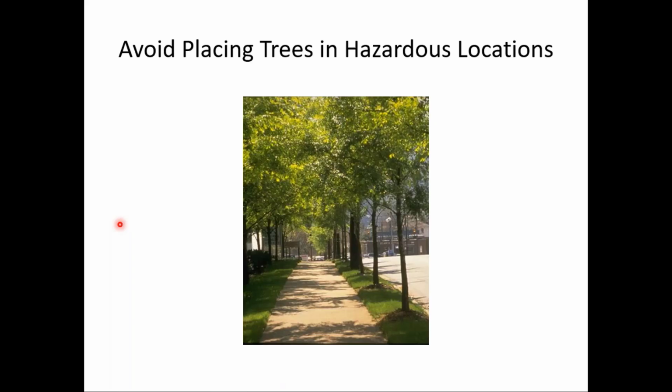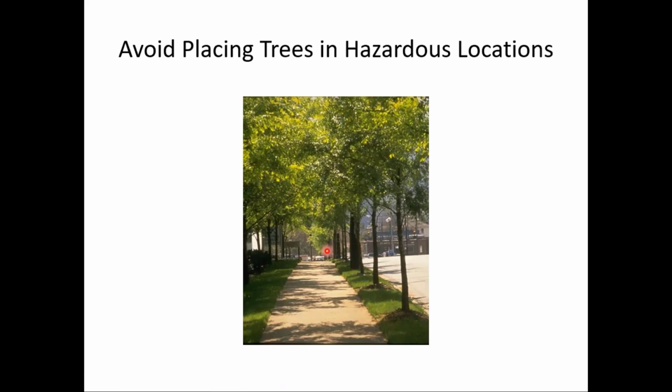Wanted to mention avoid placing trees in hazardous locations. Notice here we do have an urban situation. We have a tree lawn or furniture zone or buffer strip between the sidewalk and the street, which is a good thing. And notice there are a number of street trees, we'll call them, that have been planted in this buffer strip. The things that concern me are, number one, if these are all the same species of trees.